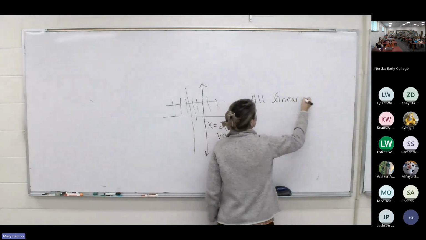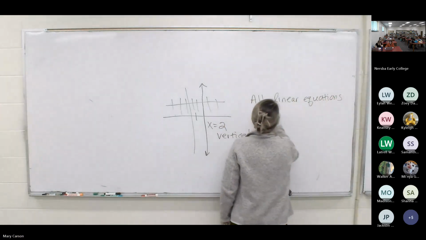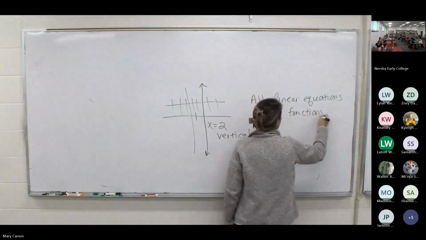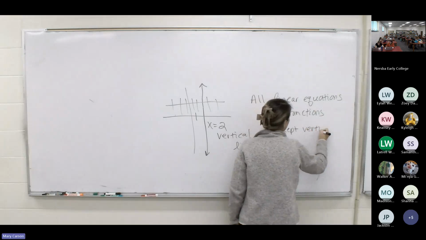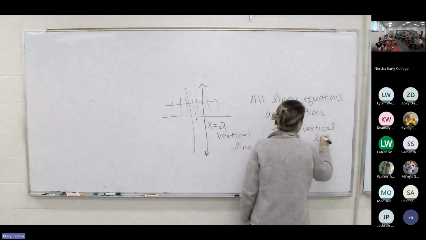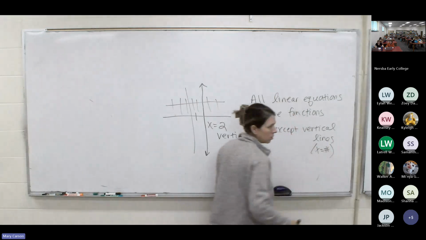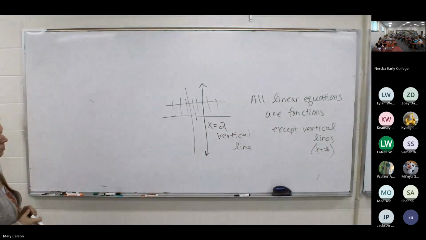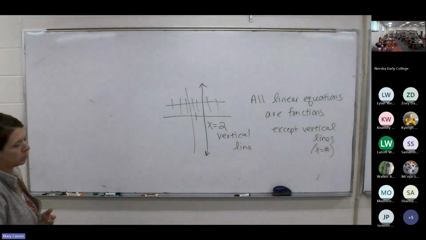All linear equations are functions except vertical lines, which is your x equals a number. Okay. All right, we know circles are not functions, right? There's some other examples, but.